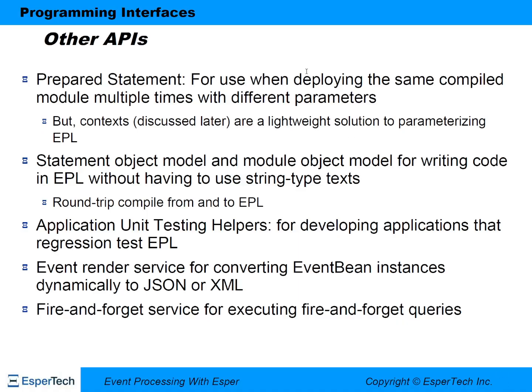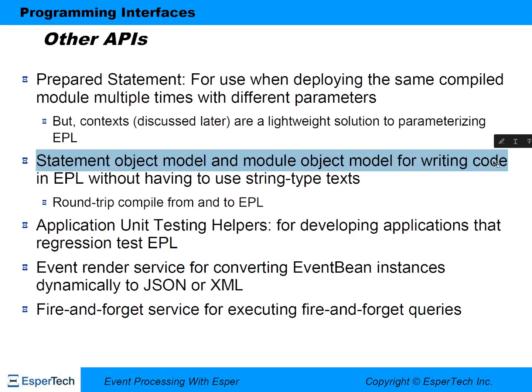There are other programming interfaces that the runtime provides. The training material does not cover all programming interfaces, but it does cover the most important ones. Prepared statements are for use when deploying the same compiled module multiple times with different parameters. But contexts, discussed later, are a lightweight solution to parameterizing EPL.